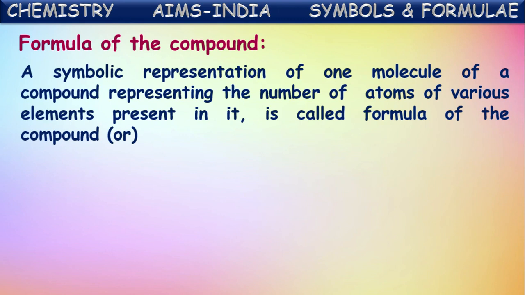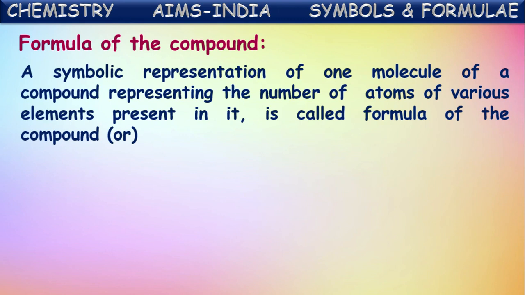for representing the name of a compound. The shortcut and symbolic representation of one molecule of the compound, representing the number of atoms of various elements present in it, is called the formula of that compound. We can say it is a shortcut or symbolic representation of the name of a compound.